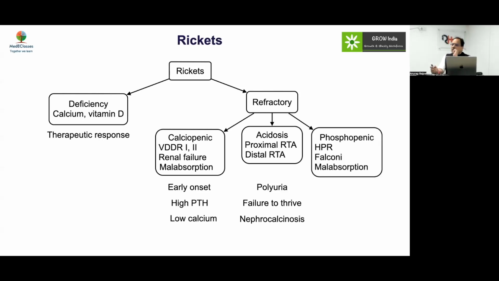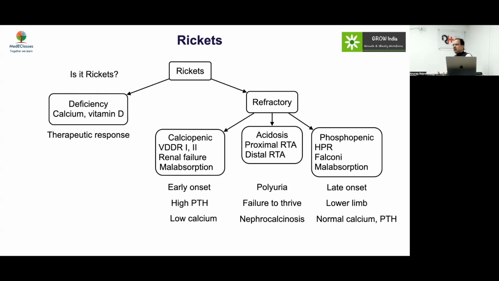And finally, you will have the phosphopenic form in which you have hypophosphatemic rickets, Fanconi's disorder or malabsorption associated with late onset lower limb abnormalities with normal calcium and PTH. So if you now remember just three things, phosphorus, calcium, PTH, these three will classify all your forms of rickets and we'll use it for further evaluation.